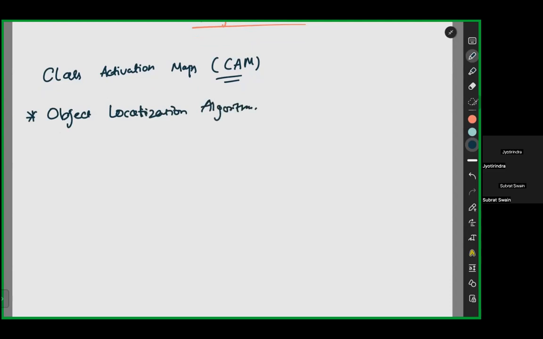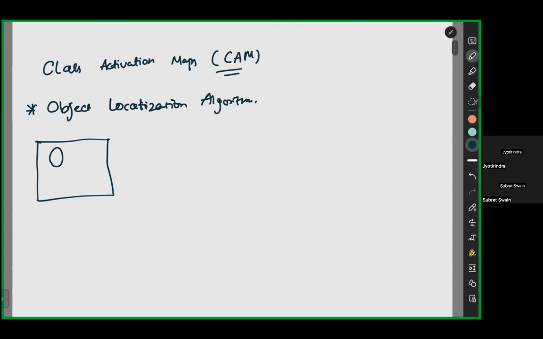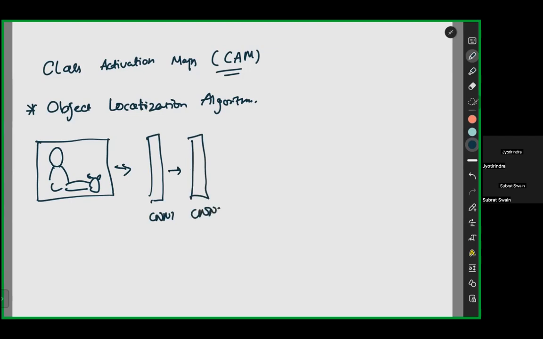What it does is that it takes an image. Okay, so there is some boy holding a dog, and it passes it to a normal CNN. So CNN one, CNN two, CNN three, and so on.